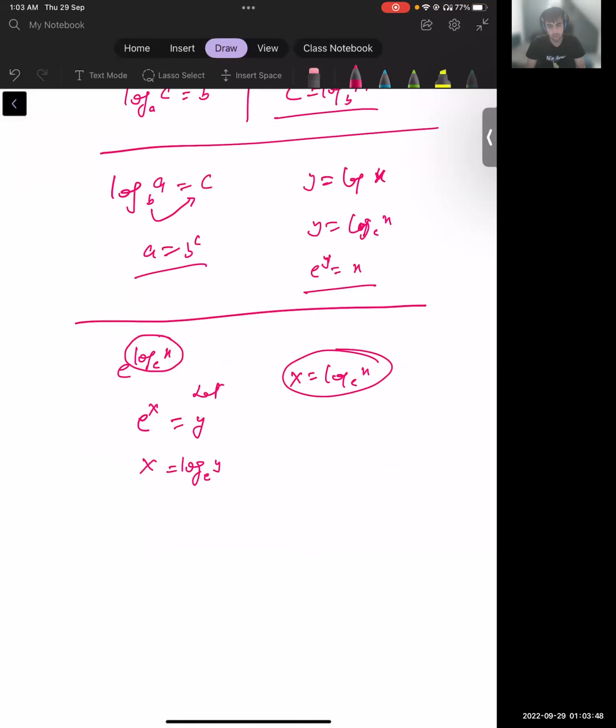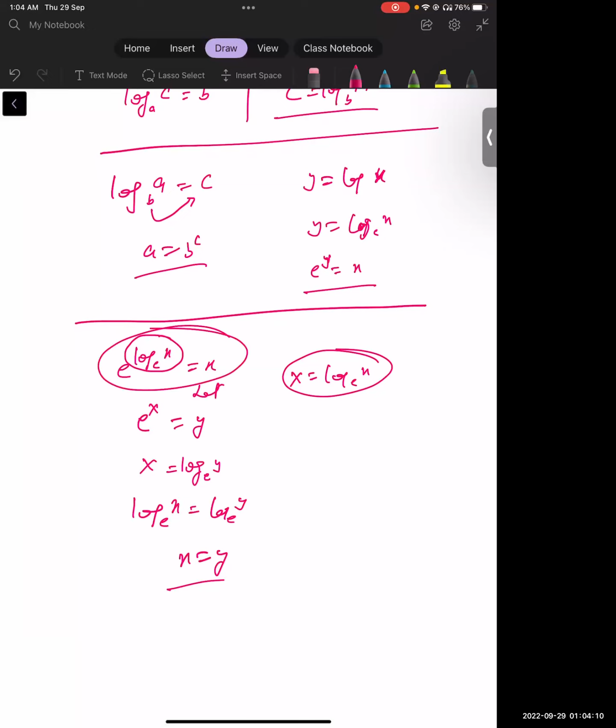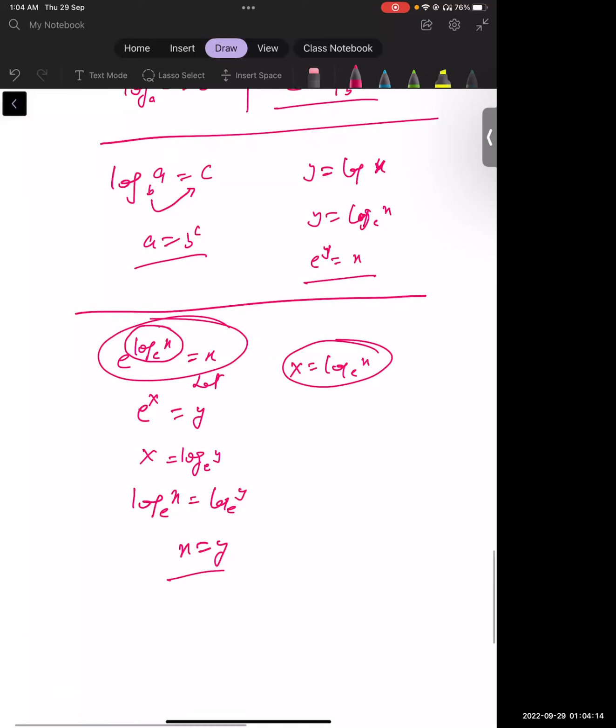Capital X was log x to the base e. So log y to the base e equals log x to the base e. Log is taken on both sides, I can remove it. So x will be equal to y. That means this is equal to x. I have taken it to be y, whereas it is x.